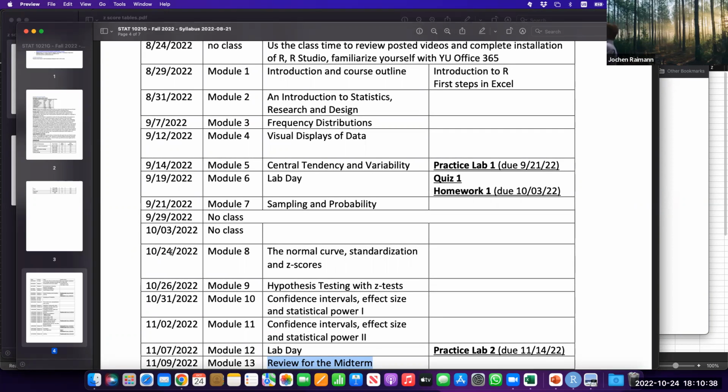In module 2, we talked about an introduction to statistics, research and design, which basically gave you an idea about hypothesis testing, research design, design of various studies, comparative analysis between groups, random allocation and assignment. We also talked about the three mainstays, basically two that are mentioned by Nolan and Heinz, which is descriptive statistics and inferential statistics, with the third one being research and planning of research studies and analytic approaches to these data.